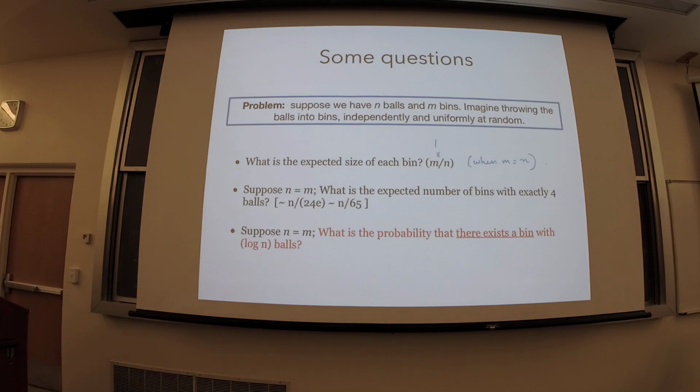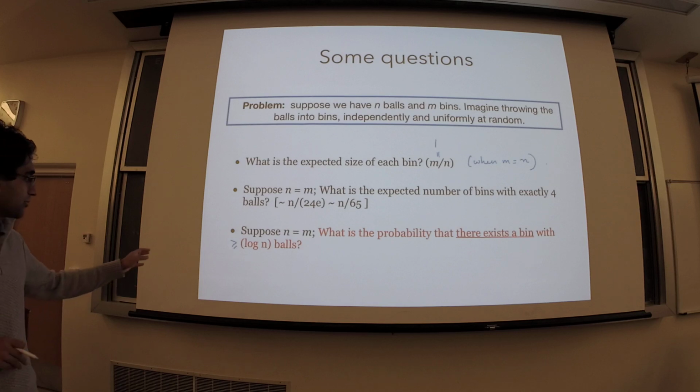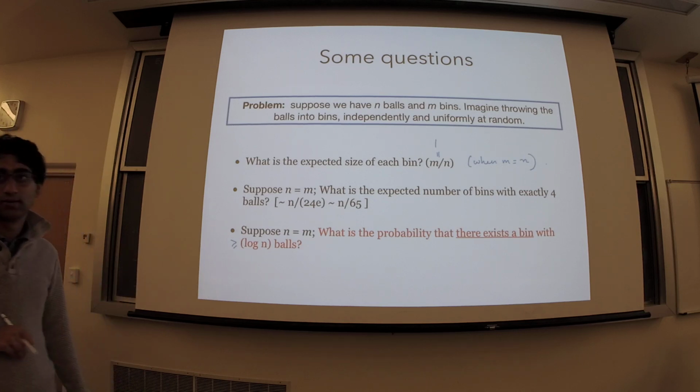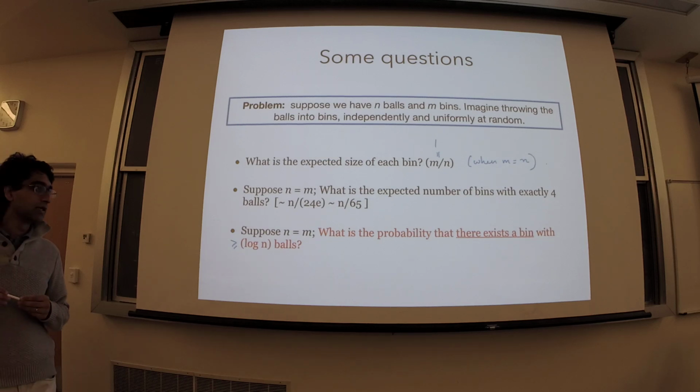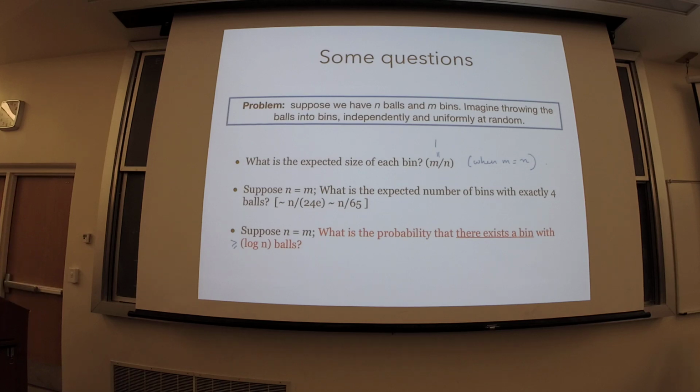Minimum number or is this the exact number? Yeah, so let's say I actually have bigger than or equal to log n. It should not matter, but yeah. Or to make our calculation easier, let's just stick to exact number. It will be the same. Okay. So this is what we will see.